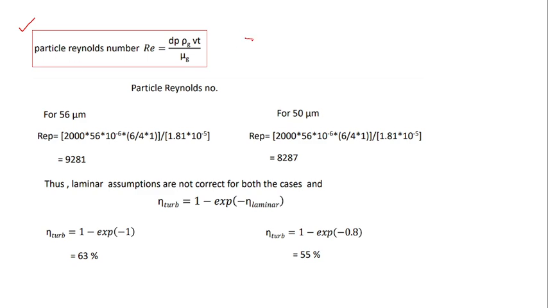If the Reynolds number is greater than 1000, then it is coming under the turbulent regime.